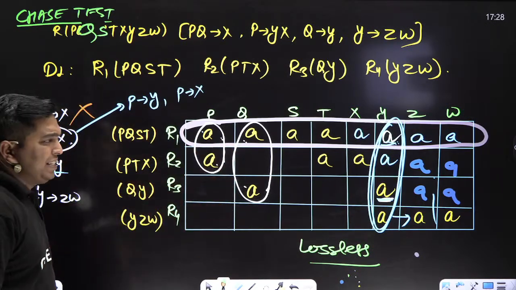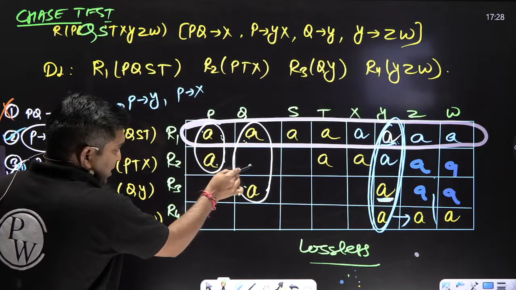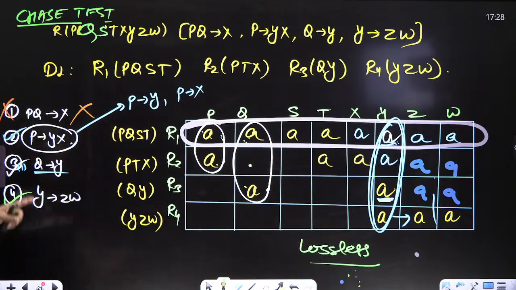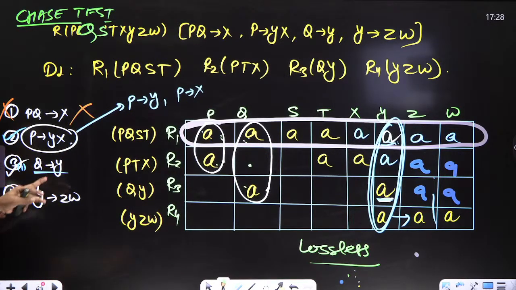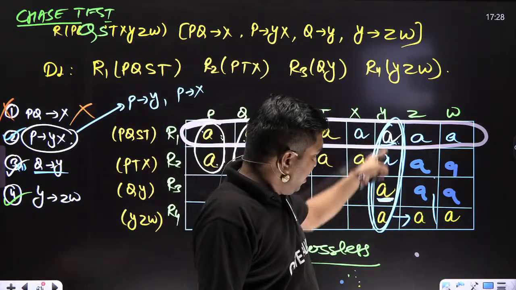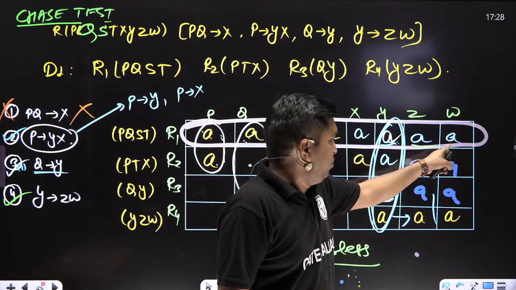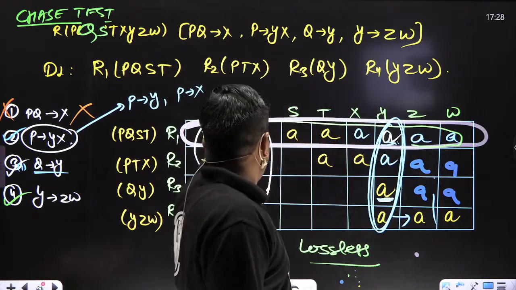Don't say it in LHS, RHS form. You can see here it is also A, then we can think about this FD. P tends to Y, P tends to X according to the decomposition rule. Q to Y, Y to ZW. So here we are getting 4 Y values the same, and what is ZW? AA. So you can fill here AA also.